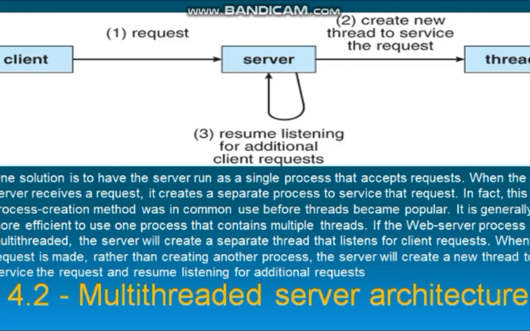If the web server process is multi-threaded, the server will create a separate thread that listens for client requests. When a request is made, rather than creating another process, the server will create a new thread to service the request and resume listening for additional requests. So that is the multi-threaded server architecture.